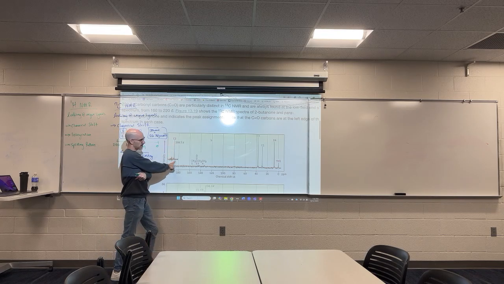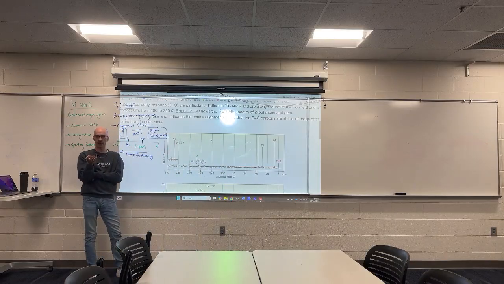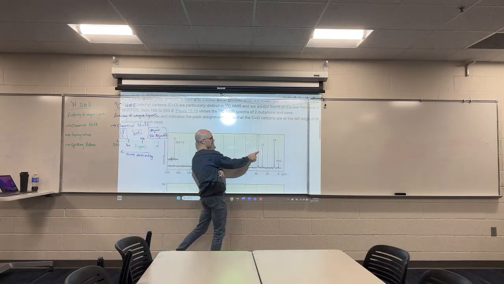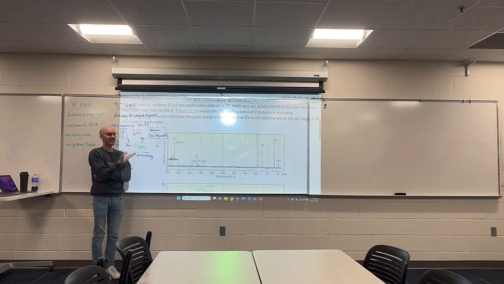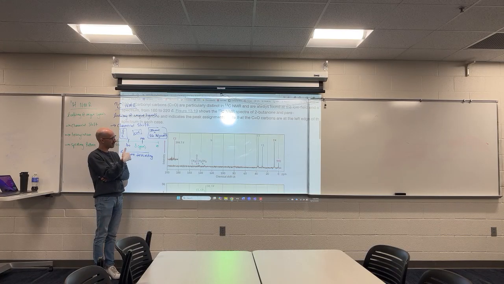But that's one signal, 2, 3, 4, 4 unique types of carbons, no integration values given, and all of these signals are produced by the same number of carbons. They're all produced by 1 carbon each in the compound, but they have different heights.